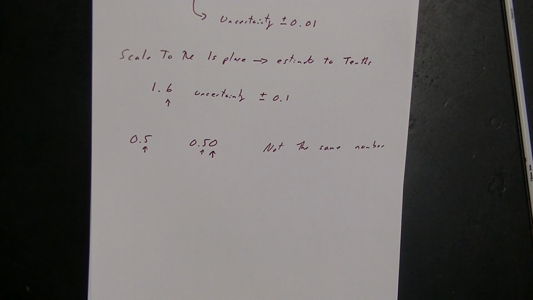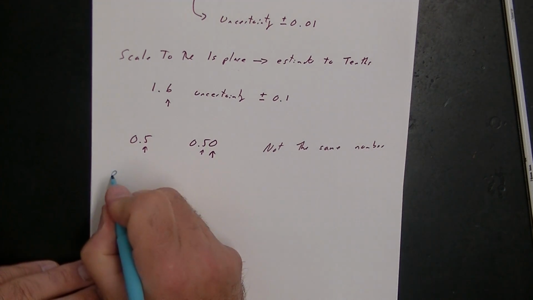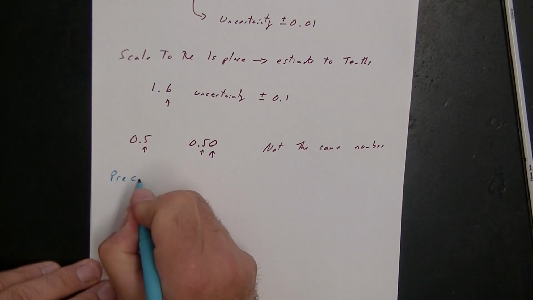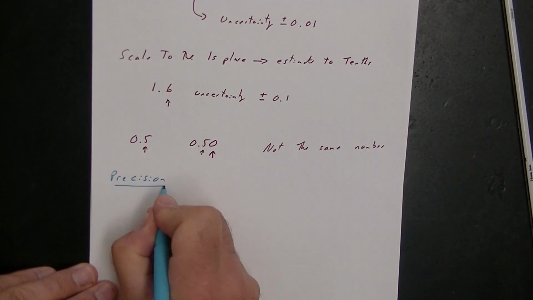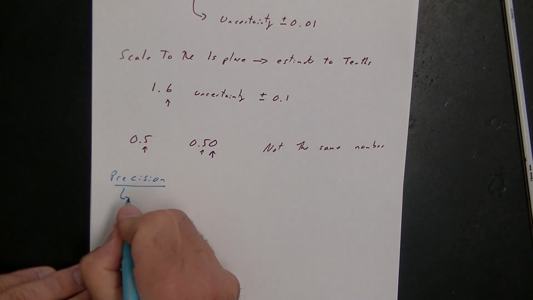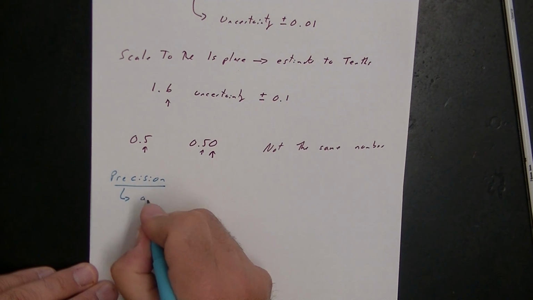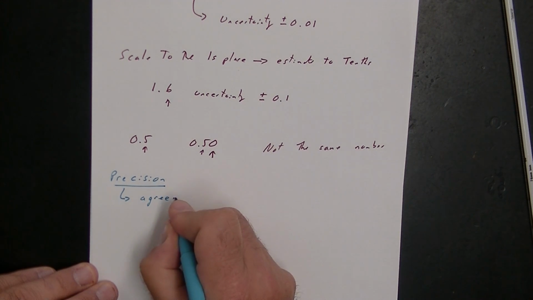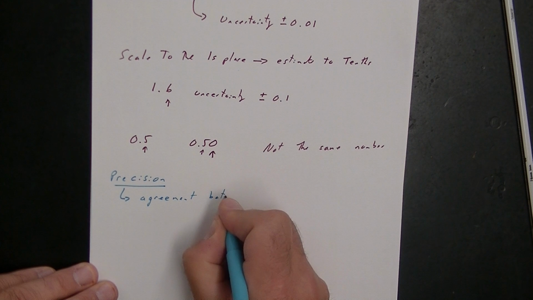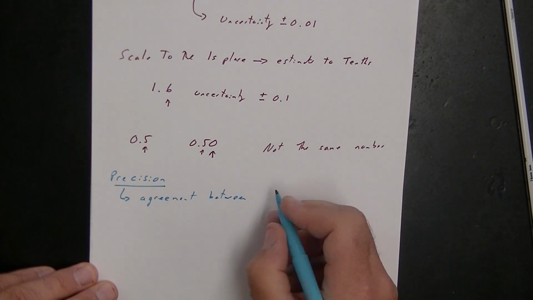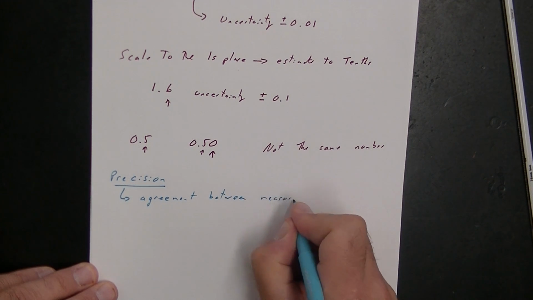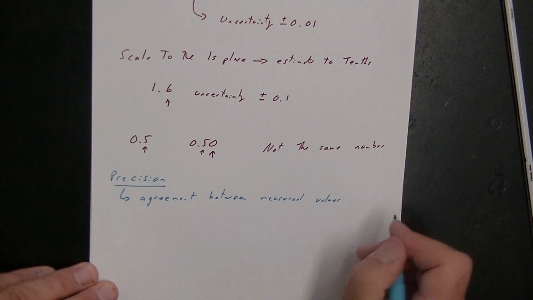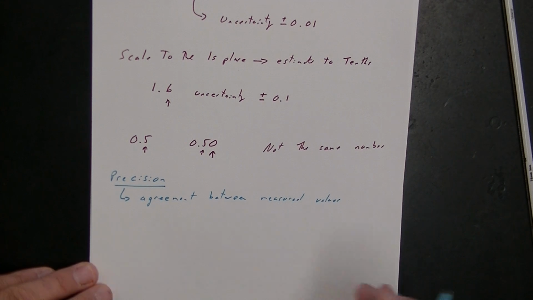Let's talk about precision. When we talk about precision, we're talking about the agreement between measured values.